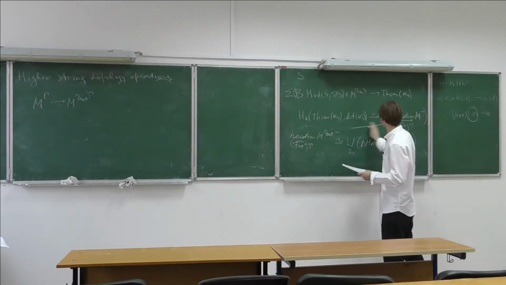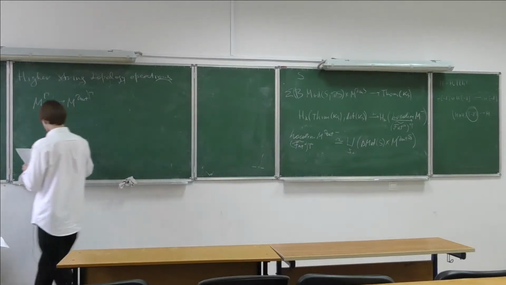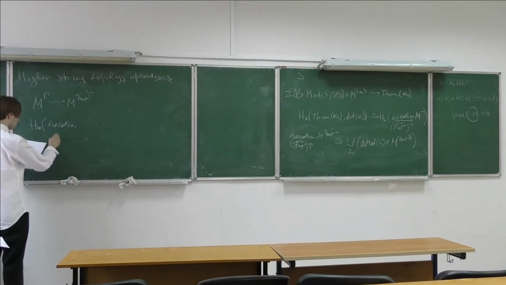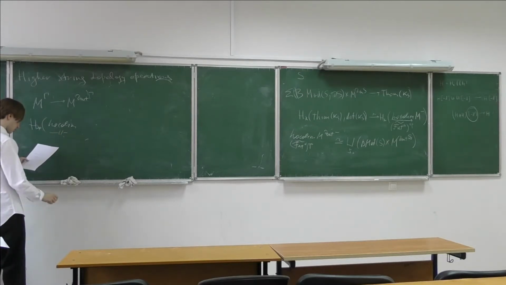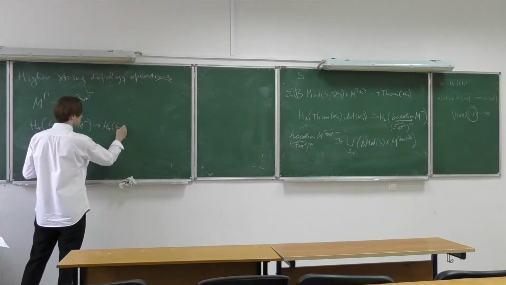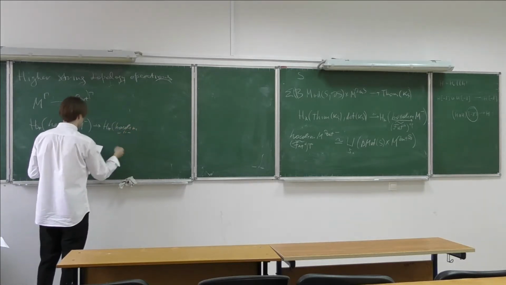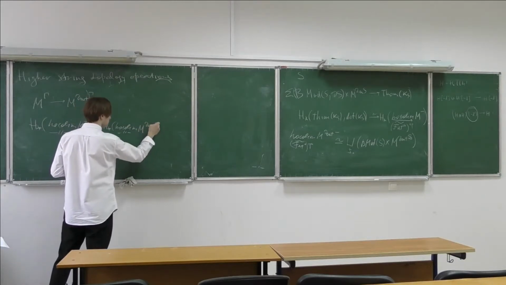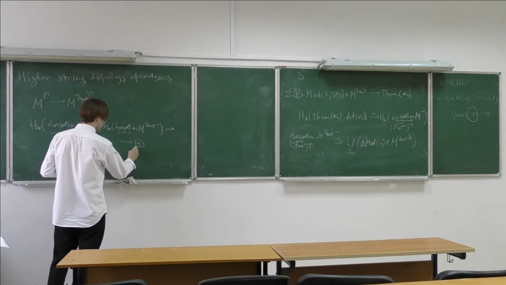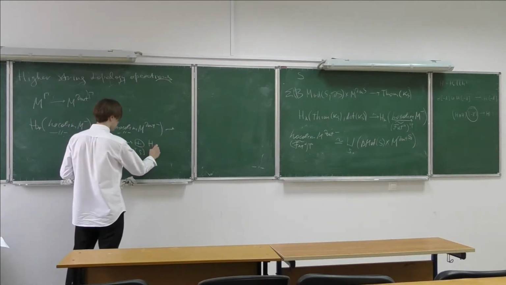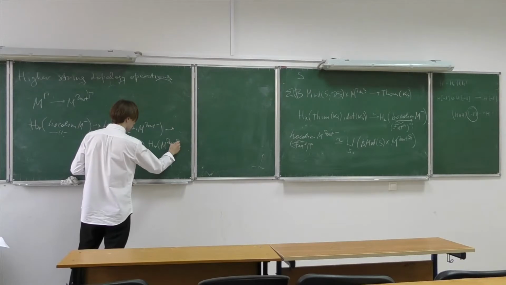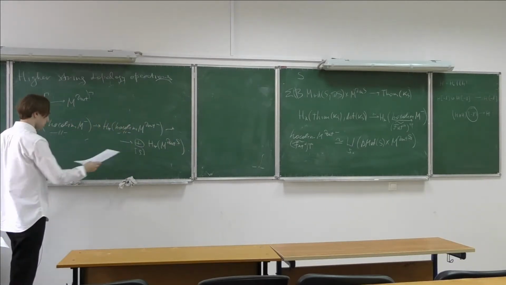Let me write it explicitly. We have the homology of the homotopy limit over the same category, which goes to the homology of the homotopy limit over the same category, and then this maps to the direct sum over all classes of S of the homology of the spaces S. So we get this composition.